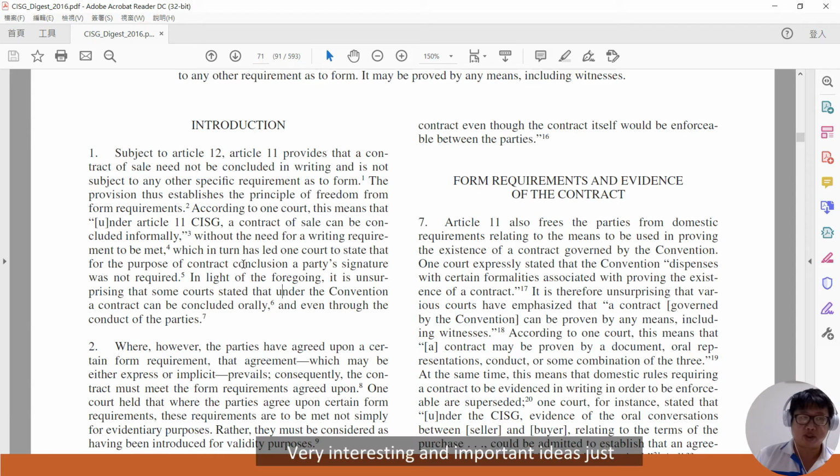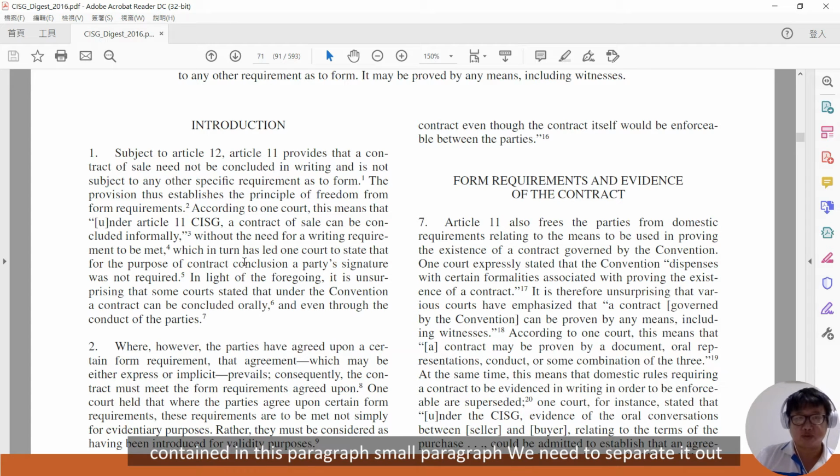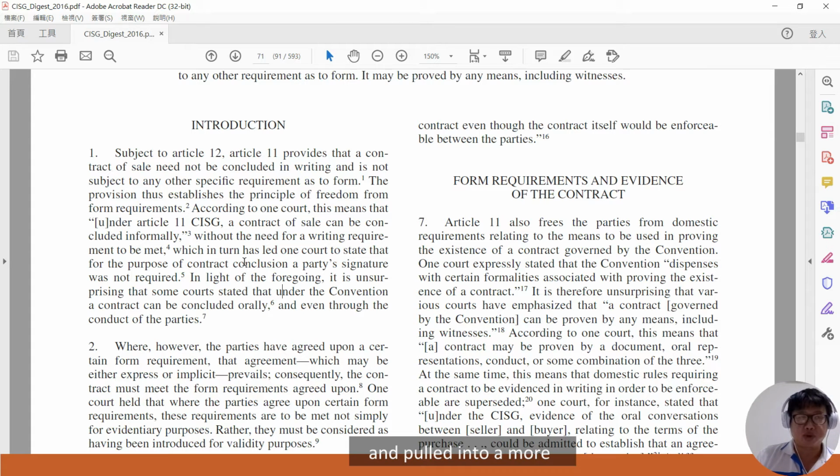There are very interesting and important ideas contained in this small paragraph. We need to separate them out and put them into more conceivable forms that help us to memorize and understand, and later we can apply them to real cases.